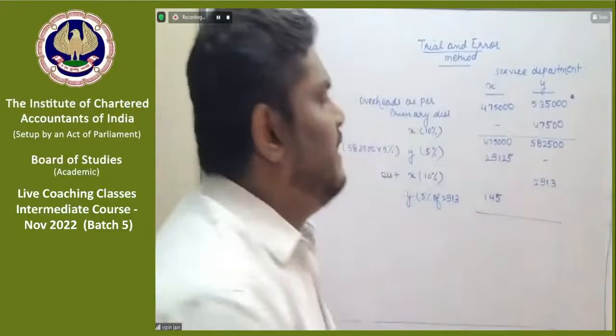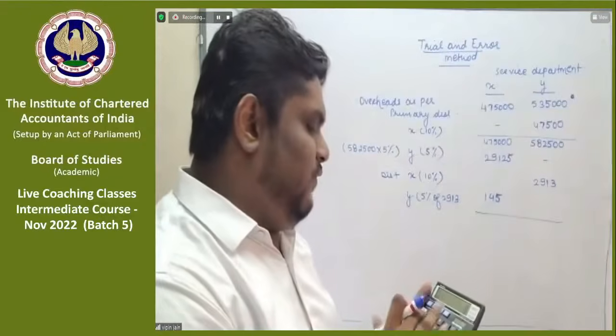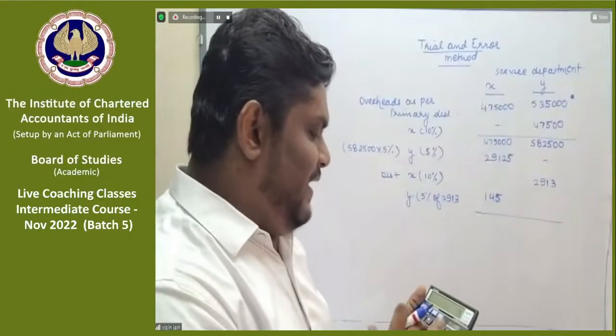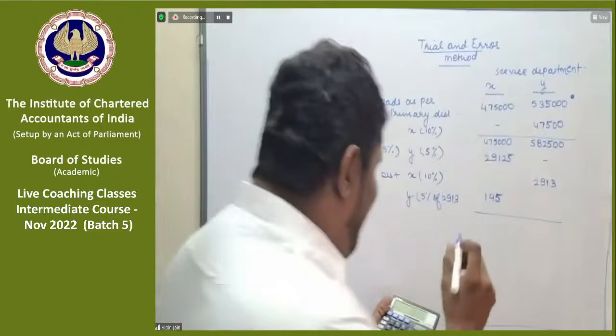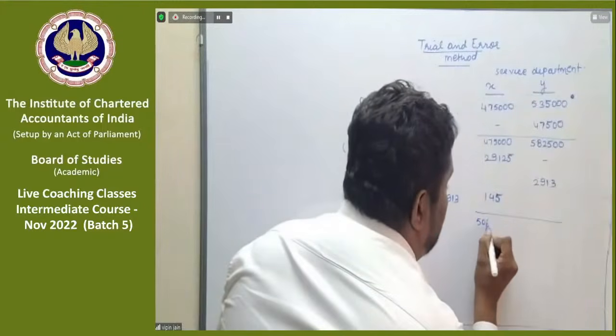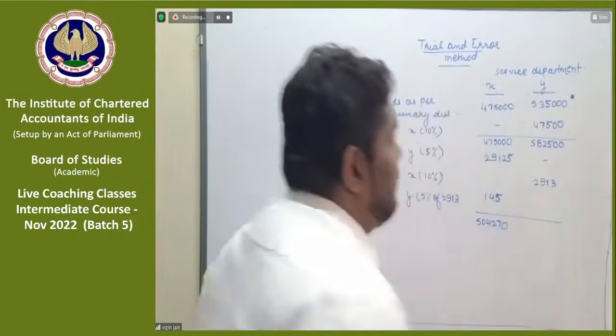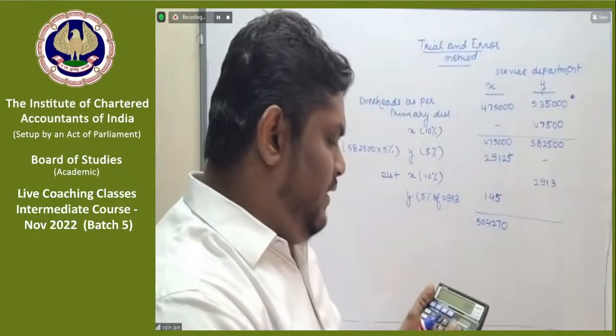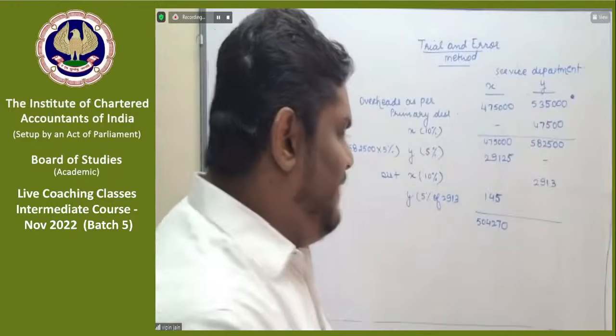So herein we'll calculate the total overheads of X, that is 475,000 plus 29,125 plus 145. So this will be 504,270. And this will be 582,500 plus 2,913. So this will be 585,413.